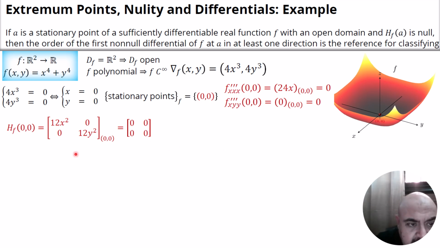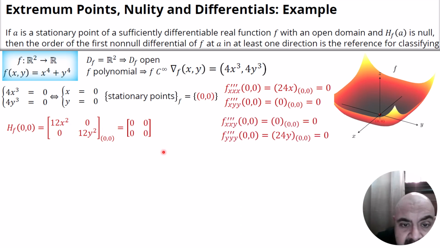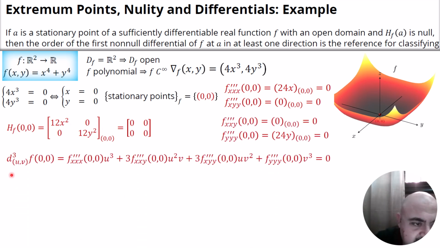Once more, it's going to be 24x and 24y, and I will apply the third derivative formula around 0. So it's f triple x cube, 3 of f triple x square y, xy square, and y cube. And once you start substituting, you will end up having 0.